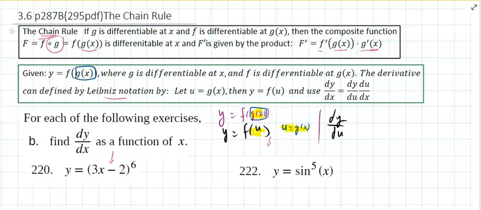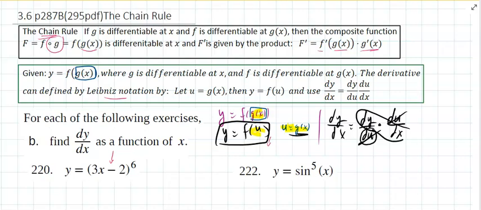Derivative of y with respect to x, that's normally what we do, dy dx. He said, well, look, y now is a function of u. Take dy with respect to u, and here comes the chain rule. Whatever this is, and the derivative of u, look at u, and isn't u a function of x? Now, you could always cancel those and end up with dy dx at any stage of the game.